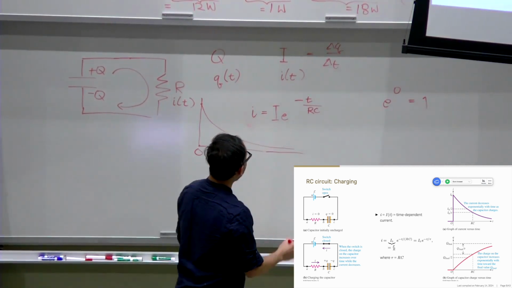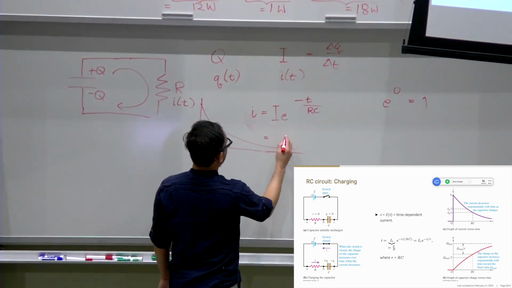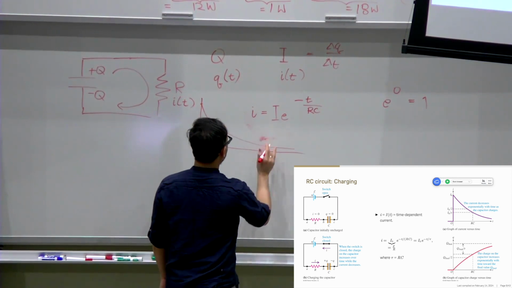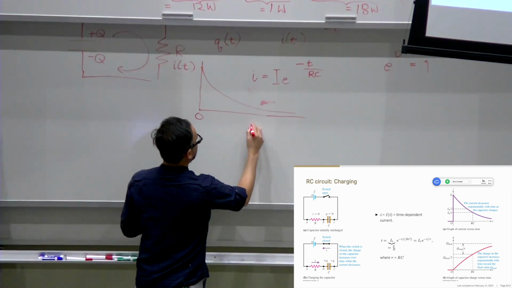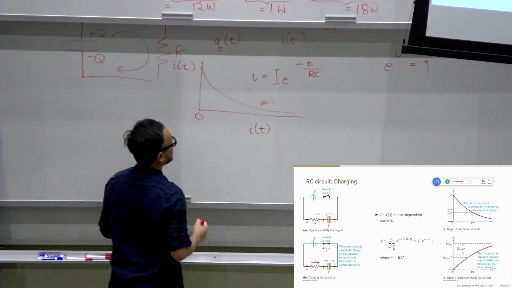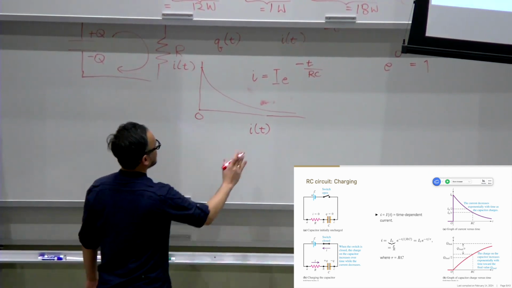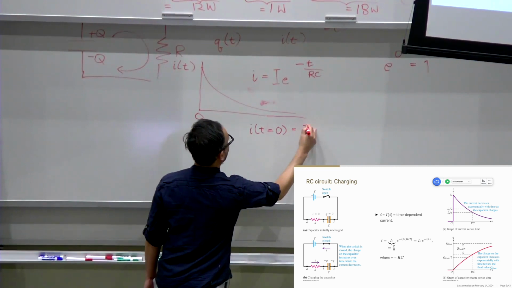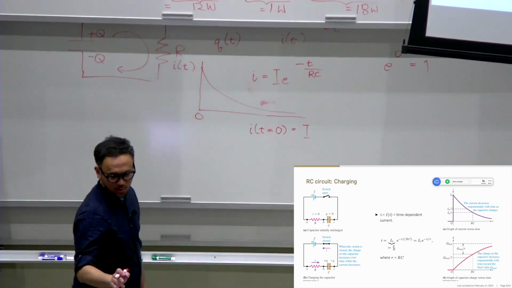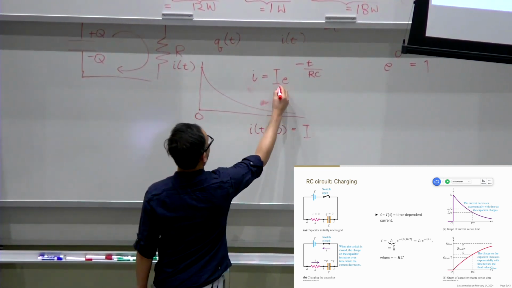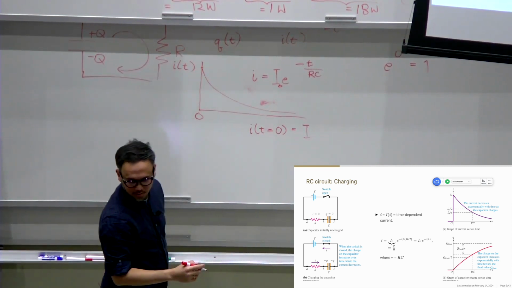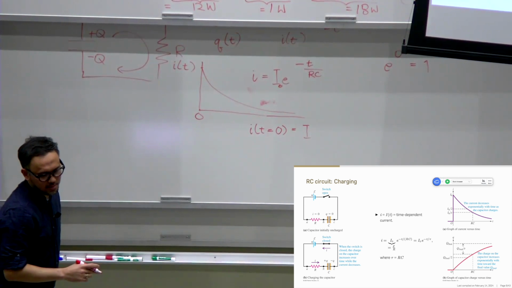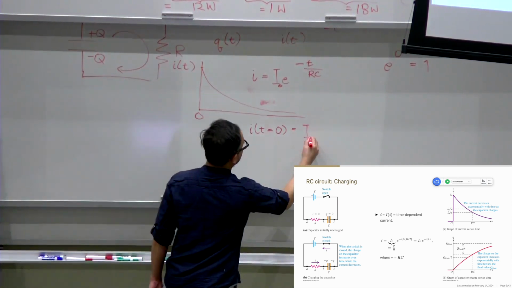So I is equal to, basically time dependent current as a function of time at t equal to 0 is equal to I naught, or your textbook adds the subscript.